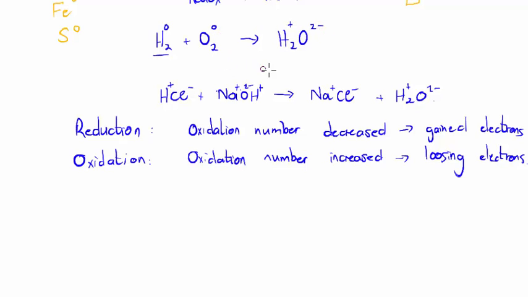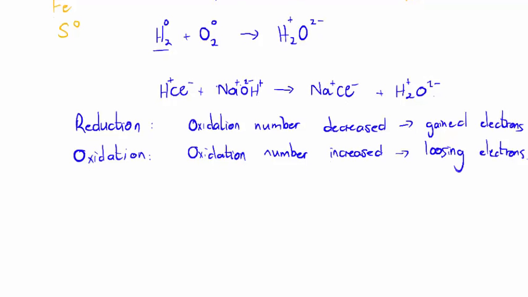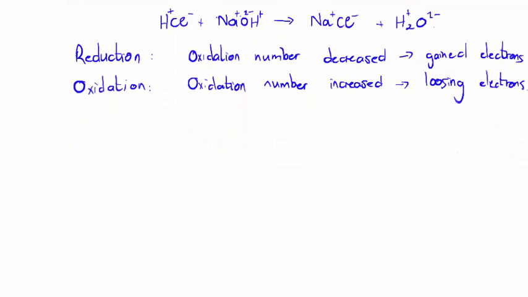So he's been reduced, or he's received electrons, so he has been reduced. The other one necessarily has to be oxidized, because what happened to those electrons? They came from hydrogen.